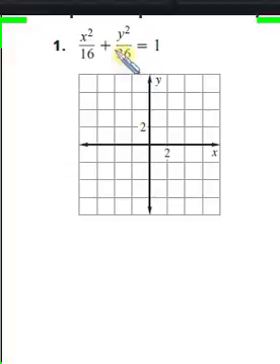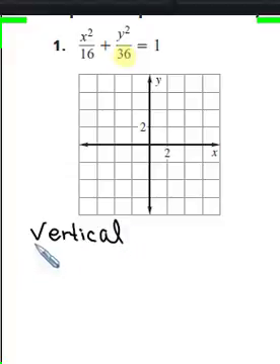Since the number underneath y is larger, that's going to make this a vertical. So that's the first thing I want to identify: is this vertical or horizontal? By knowing that it's vertical, that's going to help me identify my vertices, co-vertices, and my foci.